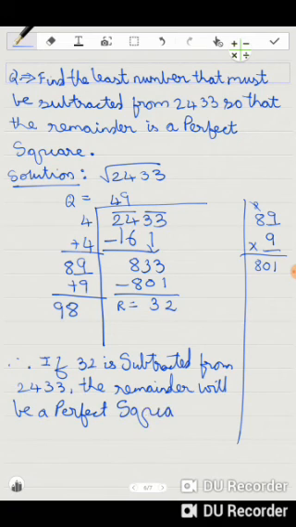Clear? This is a fairly simple technique. Understood this sum? So whenever they ask us this kind of a question, where we need to find the perfect square after subtracting the remainder or the least number, then this is the method.